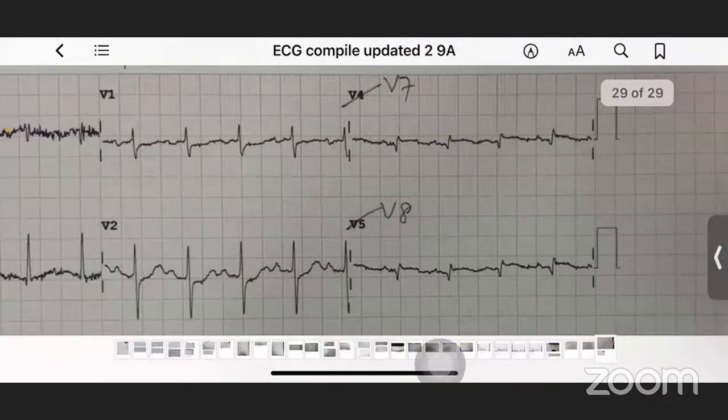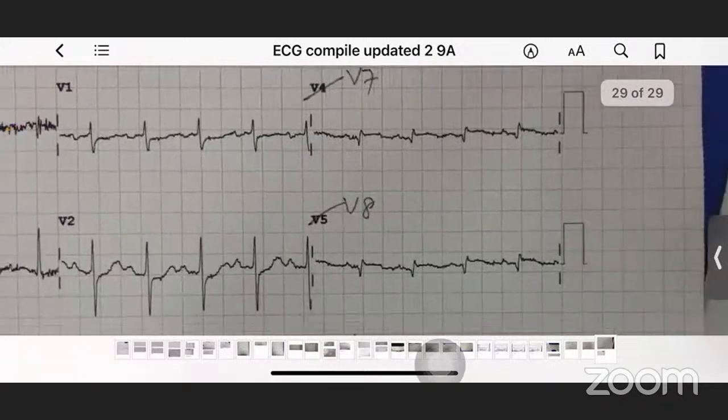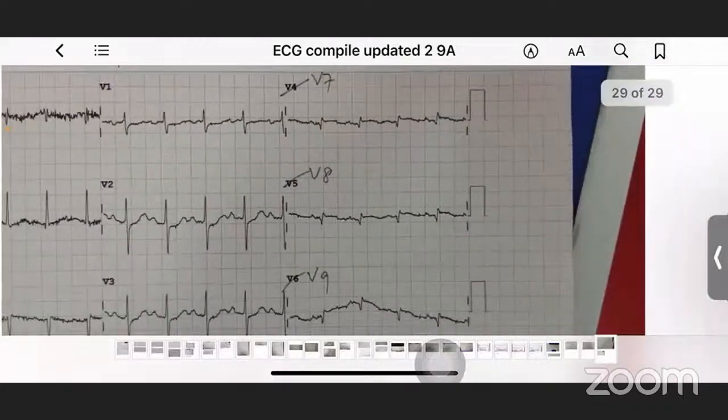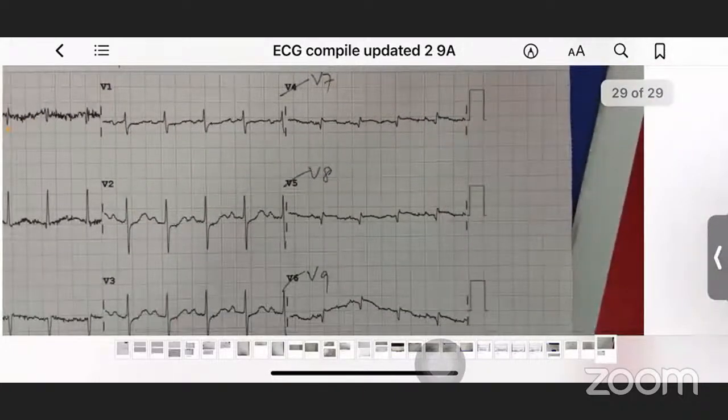Like you see, in V7, V8, there is ST elevation. The standard ECG only goes up to V6, right? But we also added the posterior leads V7, V8, V9 to look at the posterior ventricle. That one is the posterior chest wall.